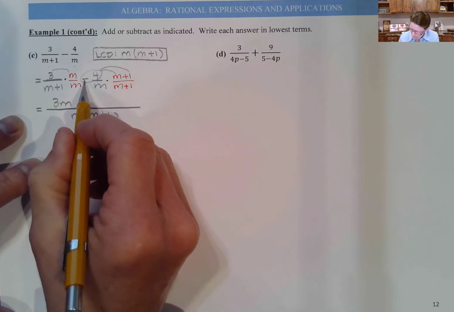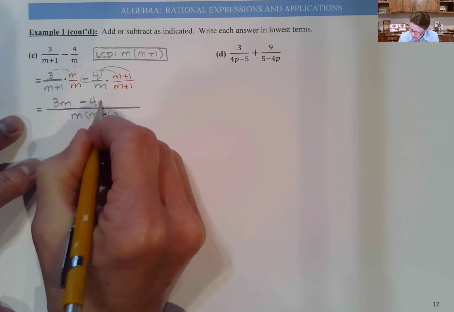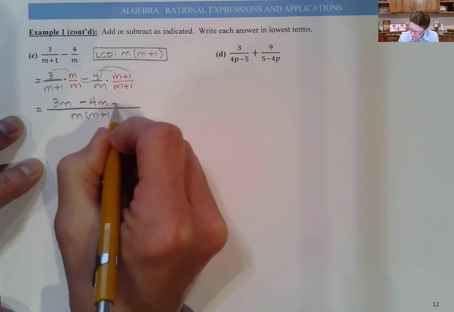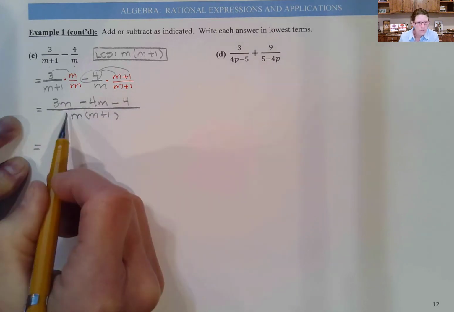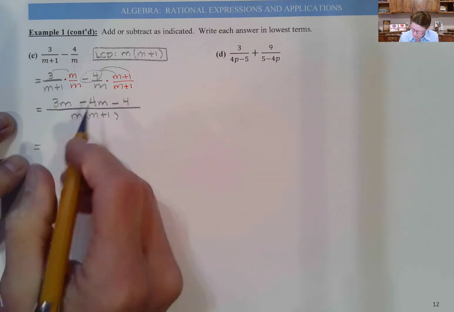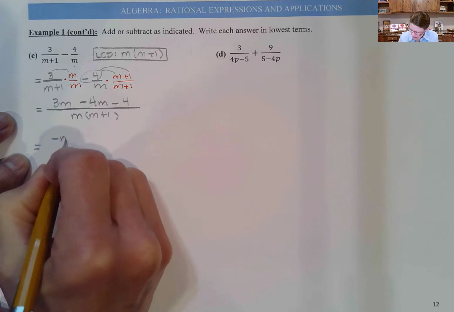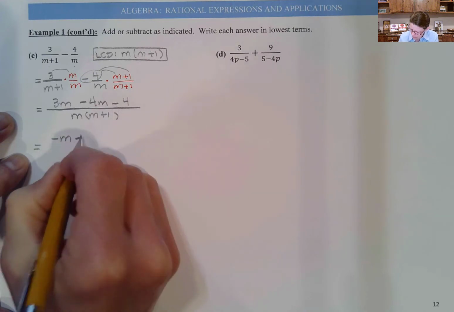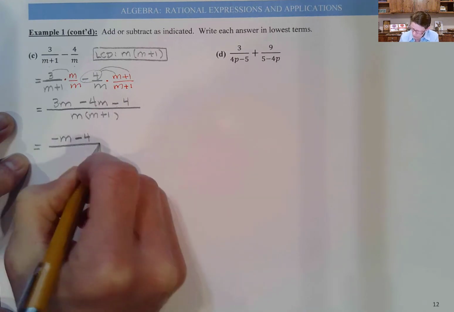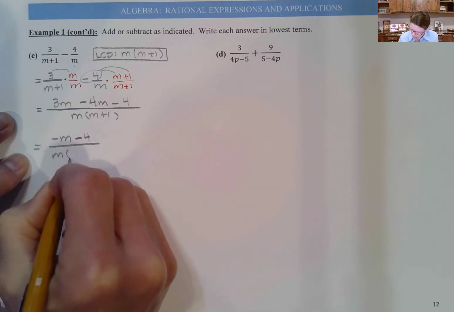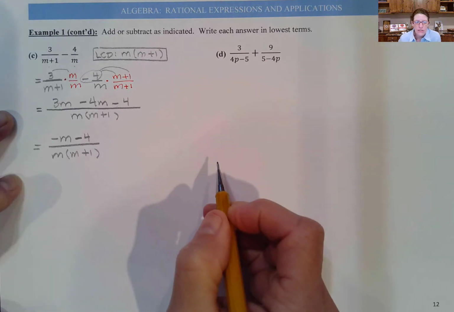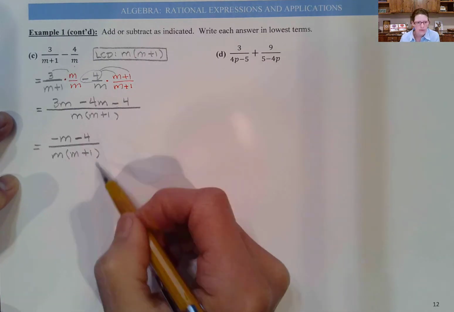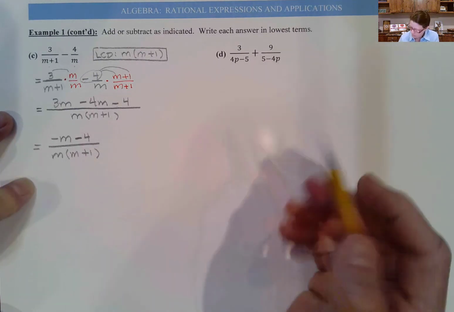So let's write minus 4m and minus 4. Be careful there with your minus symbols. Combining like terms, 3m minus 4m is negative m. We also have minus 4 in the numerator, all over m times m plus 1. This will not reduce, as there are no common factors to divide out.